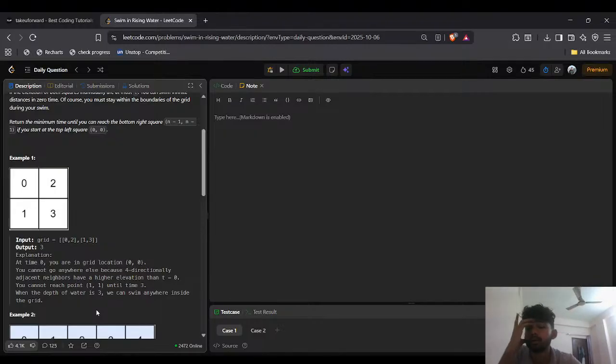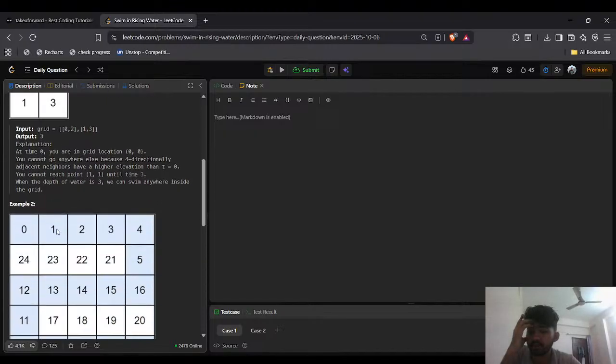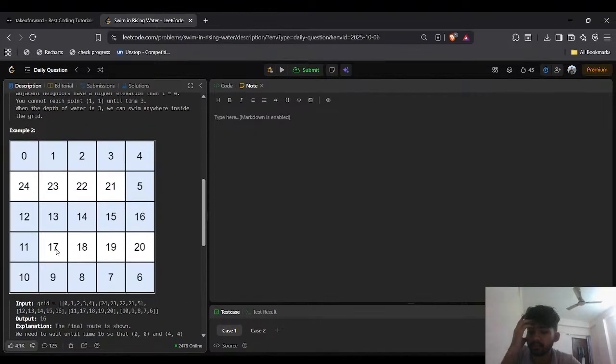So the minimum answer will be, I guess, the path to the n-1, n-1 cell. The maximum in this path is the answer.